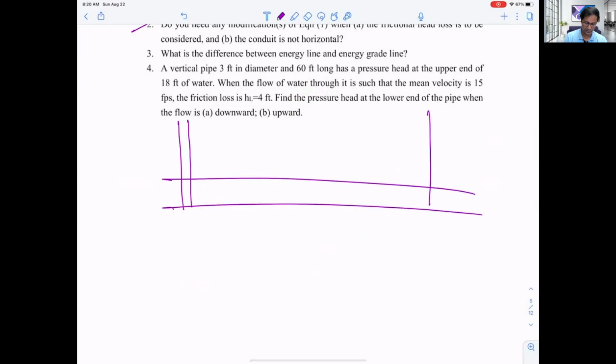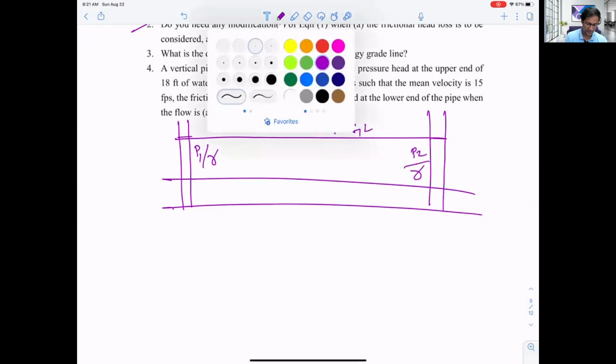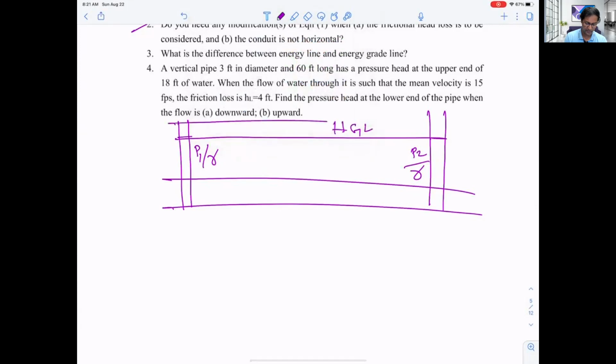Here, if we add these, P1 over gamma and P2 over gamma, this is called HGL, the hydraulic grade line. And if we add the velocity head, here V1 squared over twice g, and here V2 squared over twice g, that line is the energy grade line. This is the hydraulic grade line. This is the energy grade line.